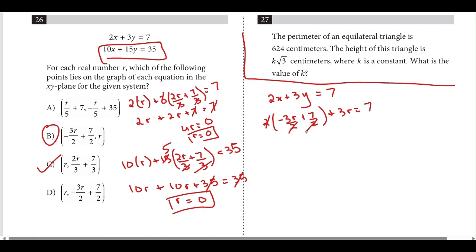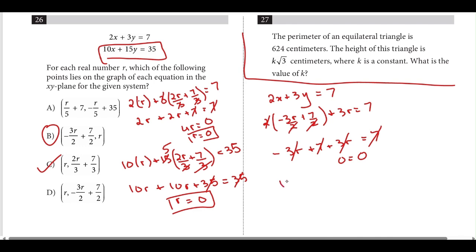And I'm going to cut the r's. So it just gives me 0 equals 0, because the 3 r's cut and 7 cut. So it's basically saying it's true for all r, which we don't want.